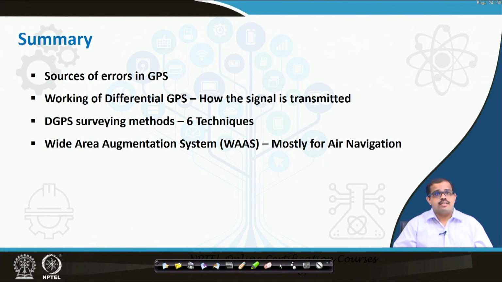And then we looked at DGPS surveying methods: static, kinematic, pseudo kinematic, and stop and go methods. All of these different methods are used, but normally it is the RTK method which is well known for its accuracy and is used worldwide.